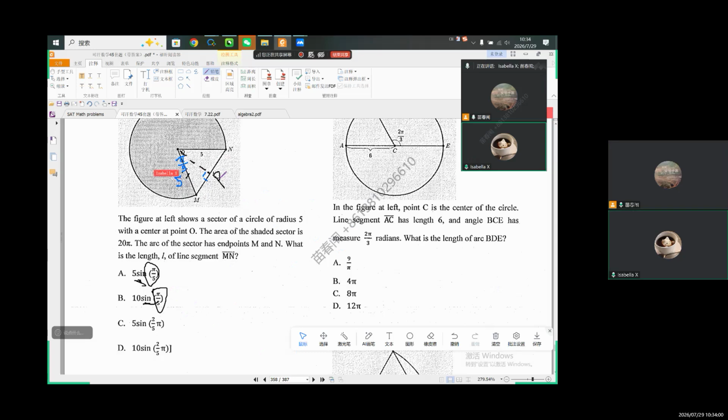So it's MP, or you can say X. Yeah, I can find MP, right? And then I can find MN, right? Just double that, right? Does that make sense?